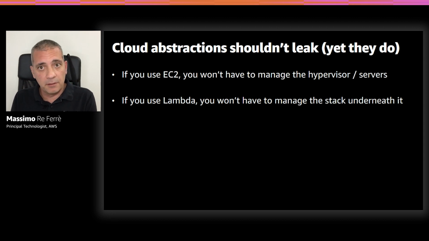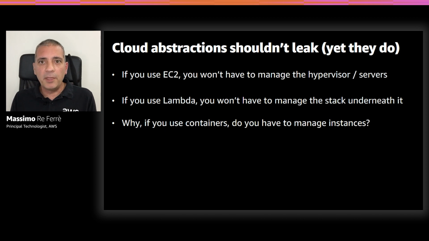And you don't see anything below that. However, if you think about how you usually launch containers on AWS or any other infrastructure, this is not true. And we are breaking that rule of abstractions should not leak. They leak because we're asking you to own a cluster of EC2 instances, even if you pick containers as your abstraction layer on AWS.